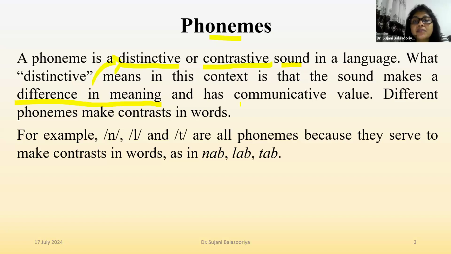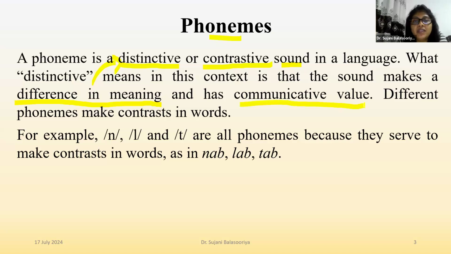And has communicative value. This is also important, because when we use 2 different phonemes, that is the point we are going to discuss in the coming slides, but I will tell you now.